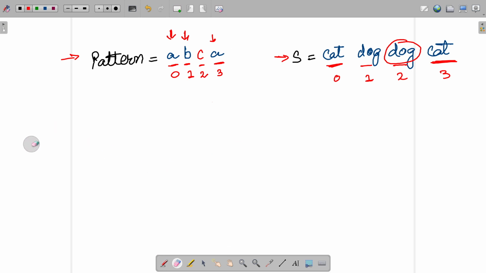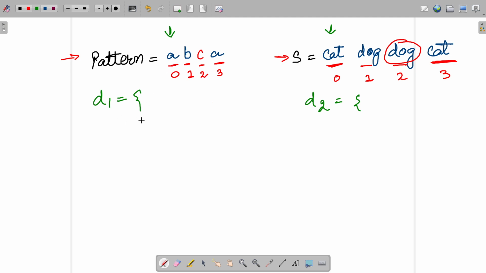Now how can we solve this problem? Basically, to solve this problem we take two dictionaries, D1 and D2. We start iterating through the pattern and the string. We check if this character A is present in D1.